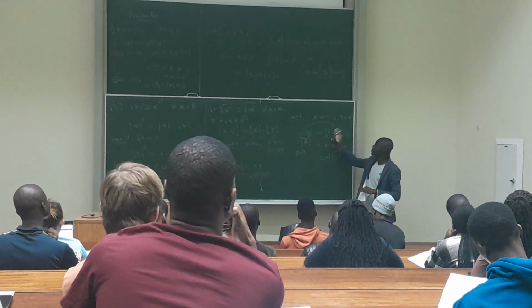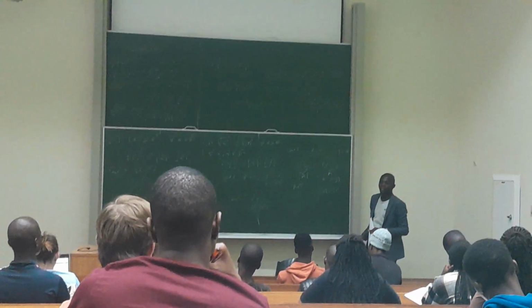So actually you can just distribute the minus over here on the y side. And we know that since x is positive, the absolute value of x is equal to x. And since y is negative, the absolute value of y is minus y. So you have the equality. It's clear? Okay.